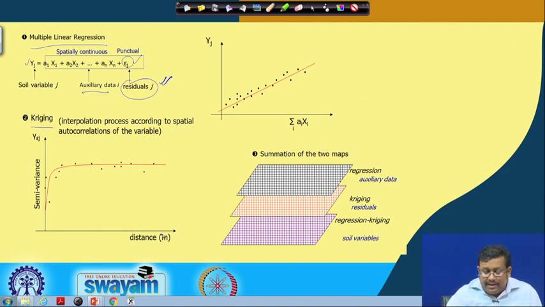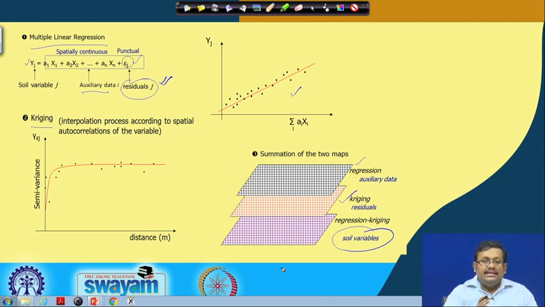So, we will get the prediction from the linear regression, and also from the kriging of the residuals, and regression kriging is basically the combination of these two outcomes to finally give you the prediction of soil variables. Again, for predicting a particular soil variable, they used the covariate data in two parts: linear regression, and kriging of residuals.